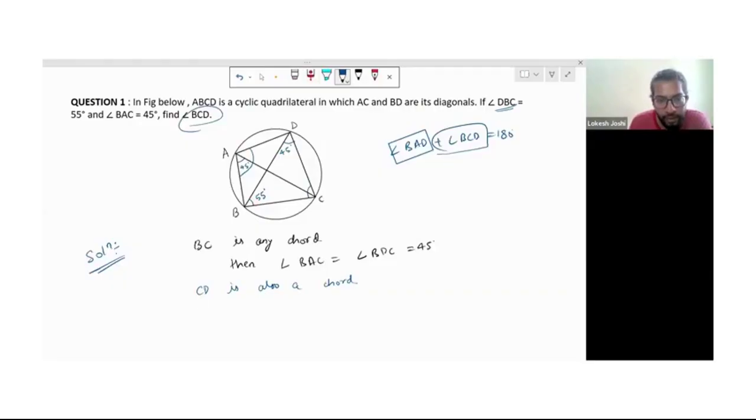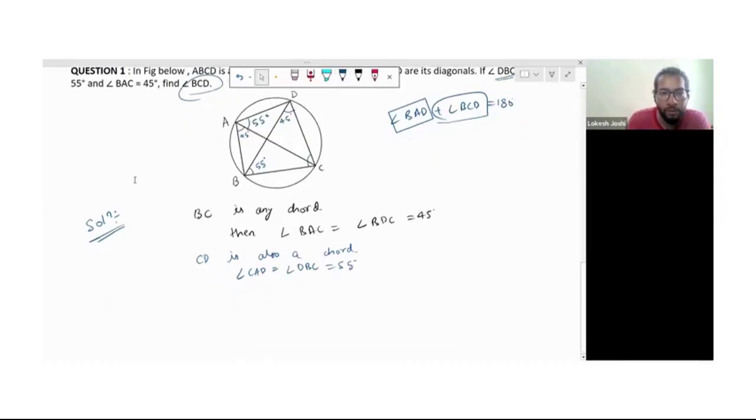So we can write angle CAD is equal to angle DBC, and both are equal to 55 degrees. So we found that this angle CAD will be equal to 55 degrees.